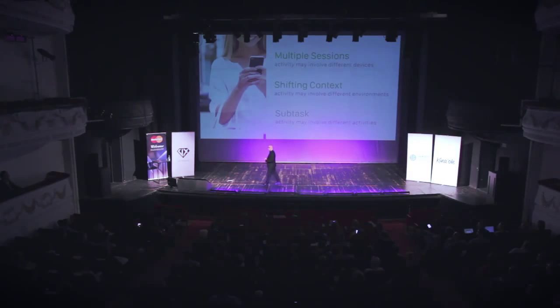And the third one, which I just tagged as an edge case, is when the user voluntarily breaks down an activity. He doesn't need to break down that activity, but it's convenient for him for some reason. So he breaks down the activity and maybe resumes it on a different device.